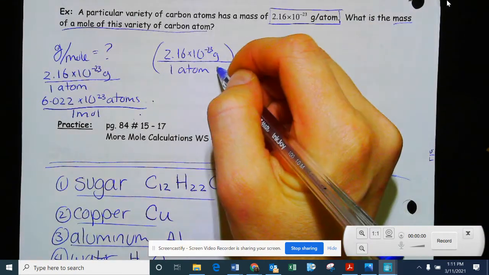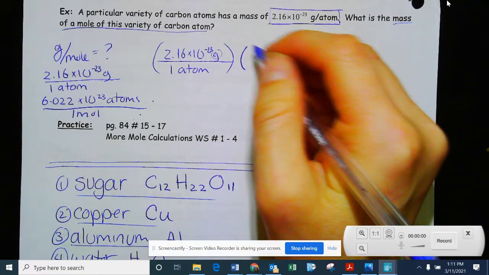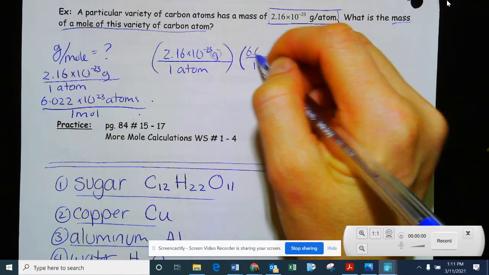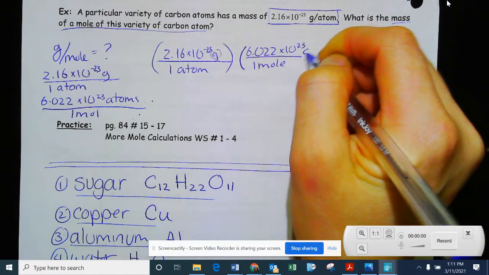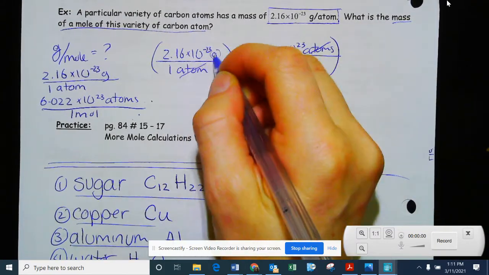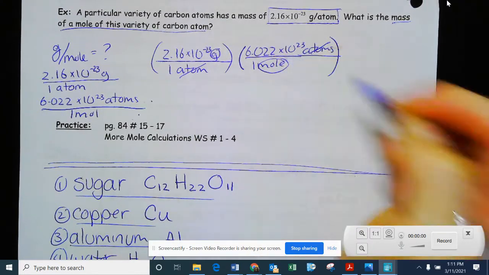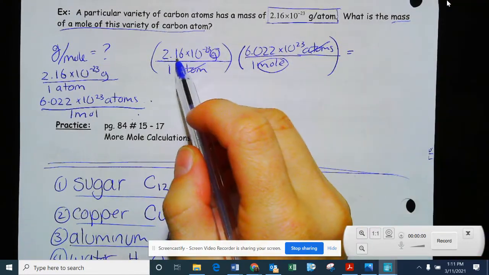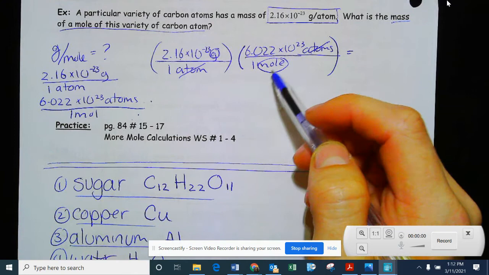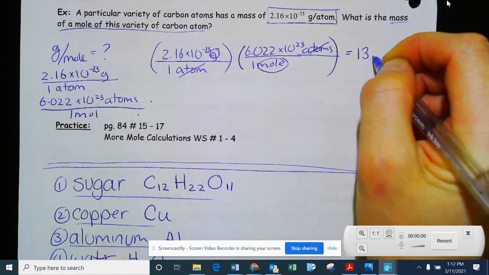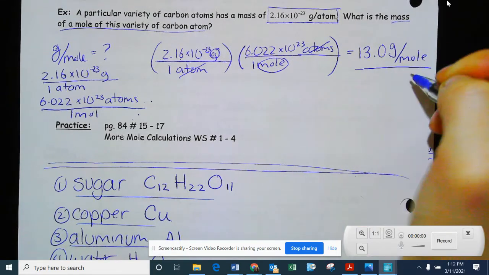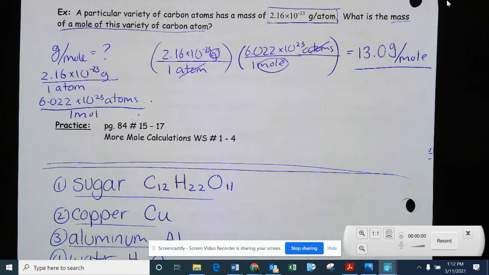I want to cancel out atoms and end up with grams per mole. So I'm getting rid of atoms, and what I'm left with is grams per mole, which is what I want. So 2.16 times 10 to the negative 23 times 6.022 times 10 to the 23 ends up being 13 grams per mole. So this specific variety of carbon would be called carbon-13.